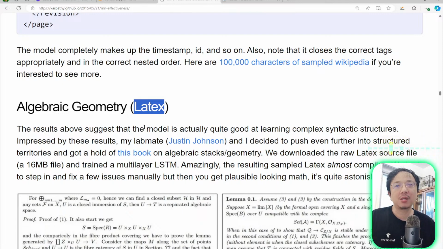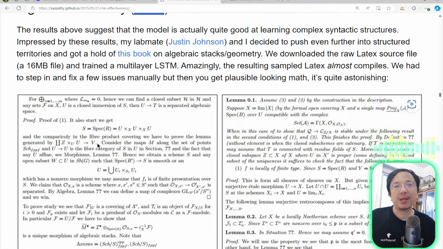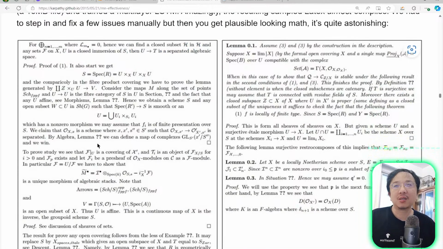By training an LSTM on a dataset of LaTeX source code, it can mimic the behavior and generate things like this one.